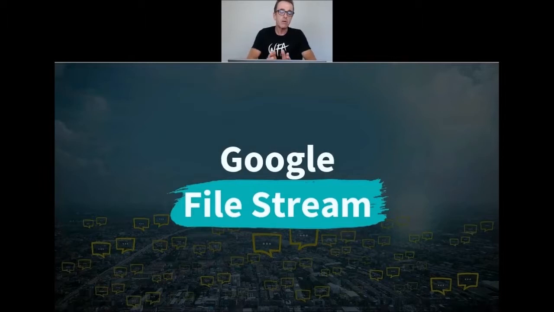So Google File Stream, what is the main difference between Google File Stream and their previous desktop app? Well, with the desktop app that you previously used, Google Drive for Mac or Google Drive for PC, you were able to select files and folders that were stored on your hard drive and synchronize them to Google Drive in the cloud.